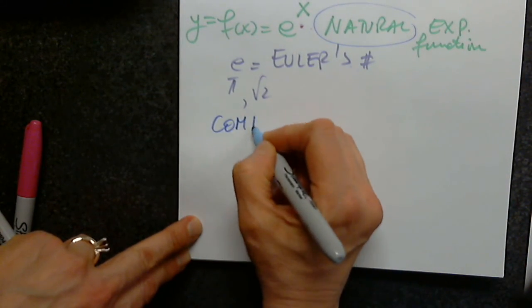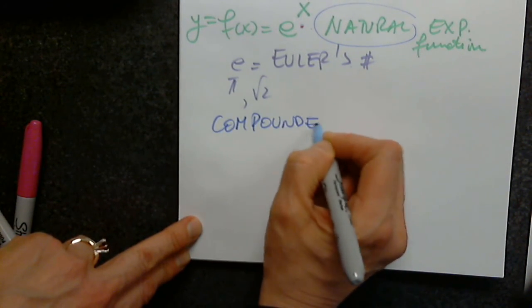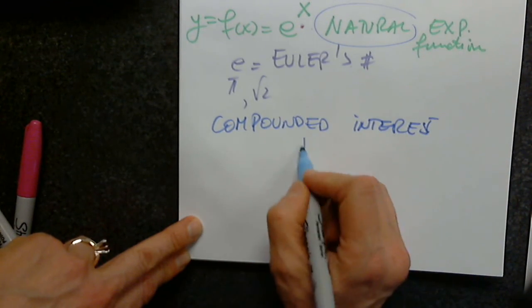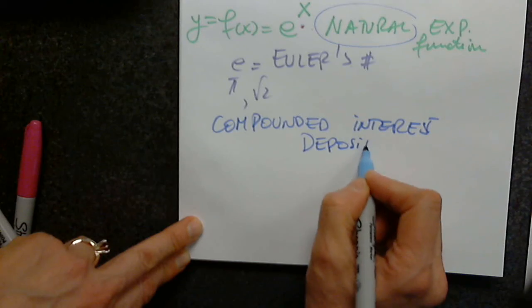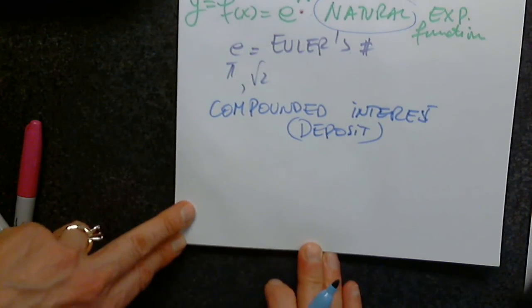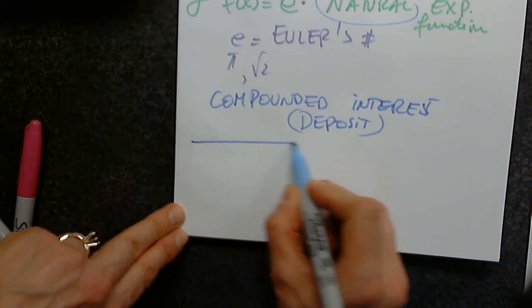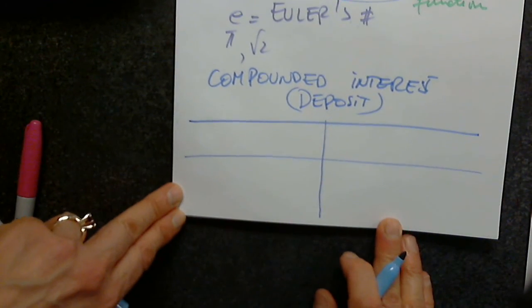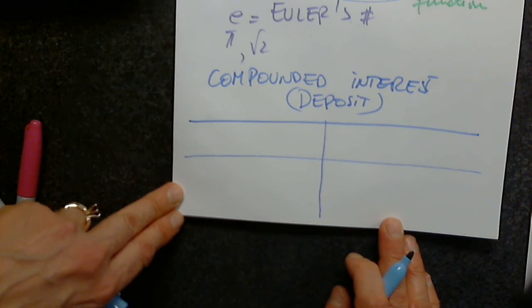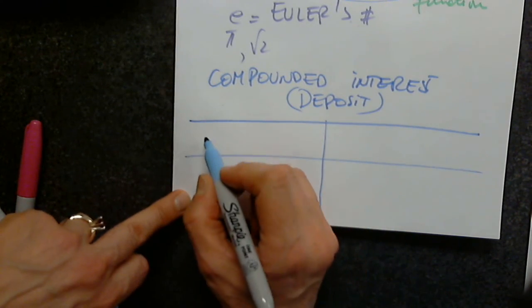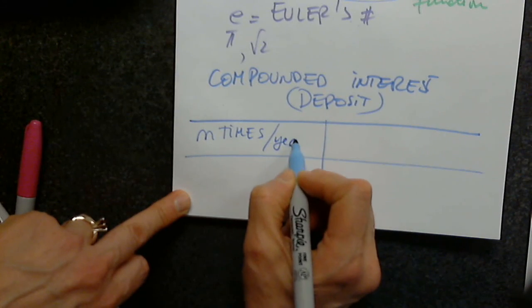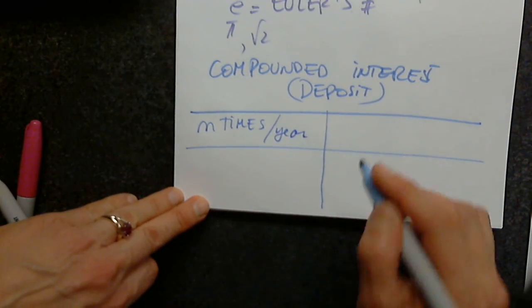So, compounded interest for deposit. There are two possibilities for compounding interest, and yes, the formulas will be given to you. One is n times per year, and the other one is continuous.